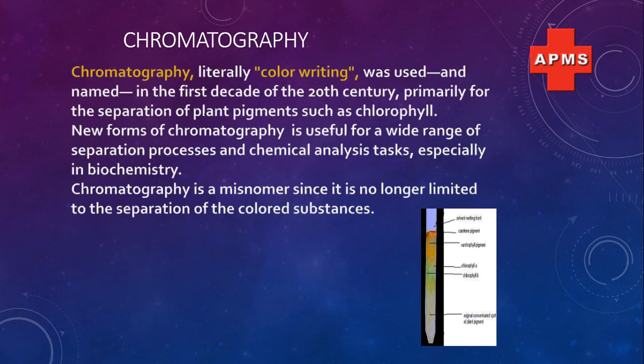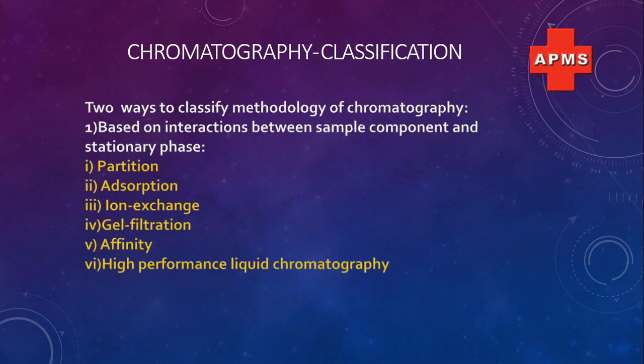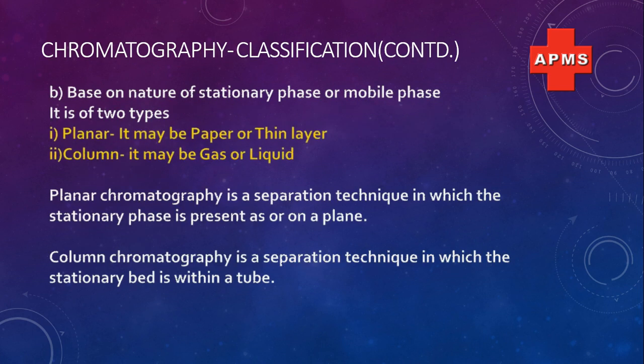what is the phenomenon in chromatography which takes place when we separate our mixture using mobile phase and stationary phase. And then we saw the classification of this chromatography technique, which was based on the interactions between sample component and stationary phase, and the second classification was the nature or state of stationary phase and mobile phase.